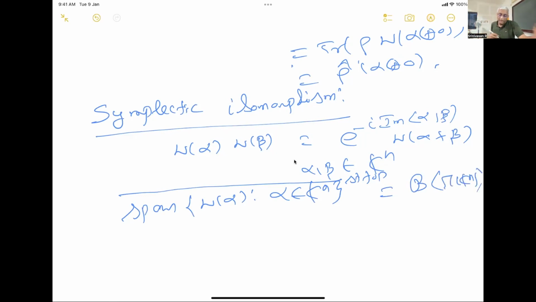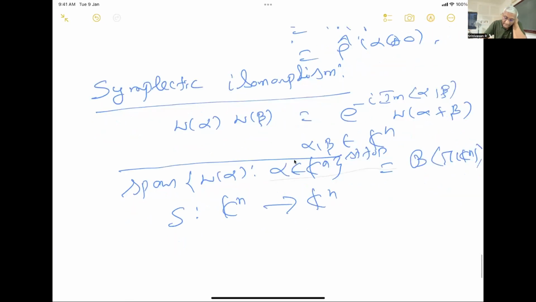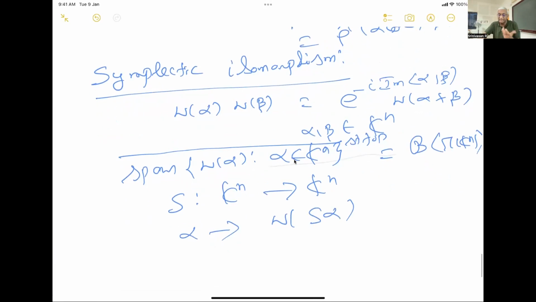So if we define a map on C^n which gives the same representation, what I want to say is: if S is an operator from C^n to C^n, then consider α going to W(Sα).